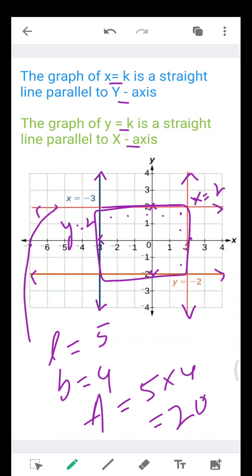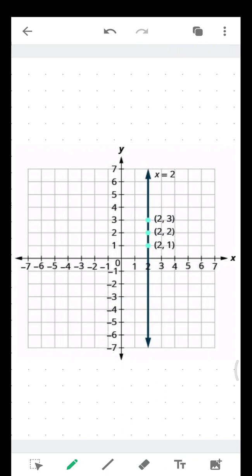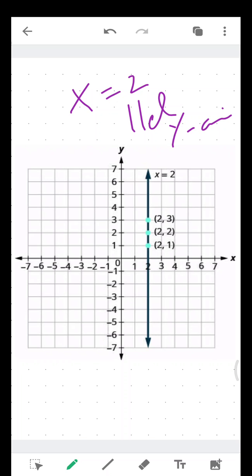Now let's see some more examples before we go to the exercise. Now you can see this is the graph of x is equal to 2. That is the reason it is parallel to y axis. Every point on this line has x coordinate 2.